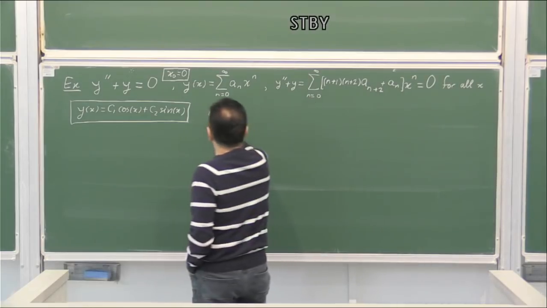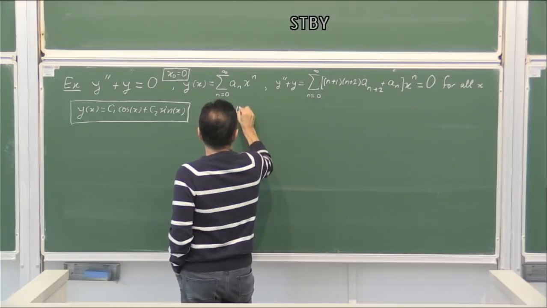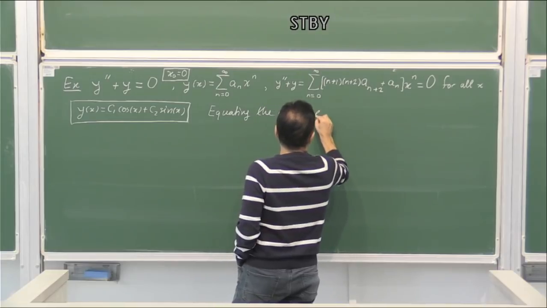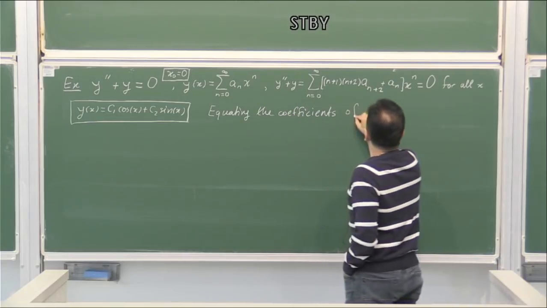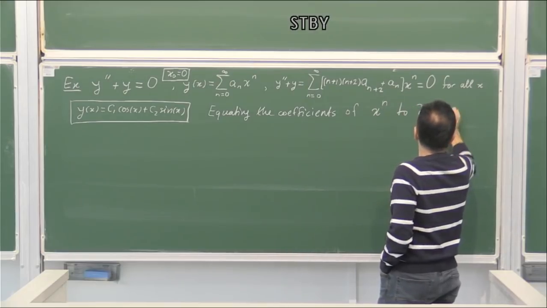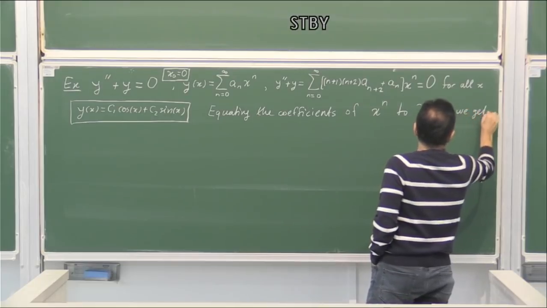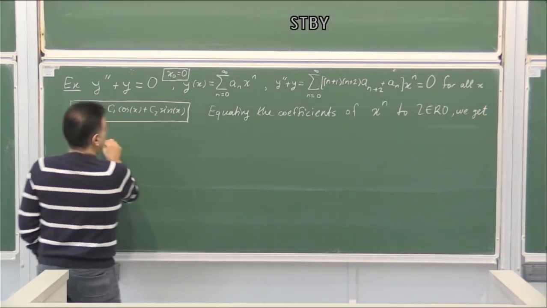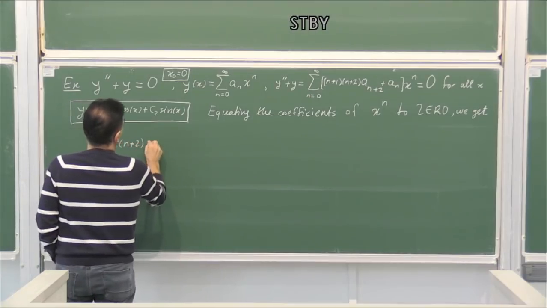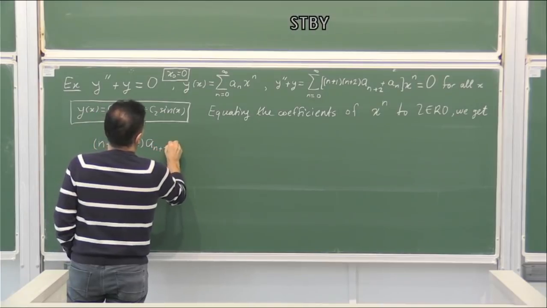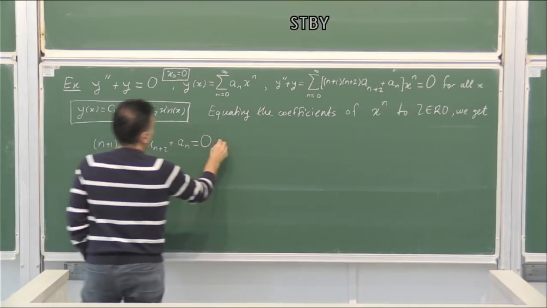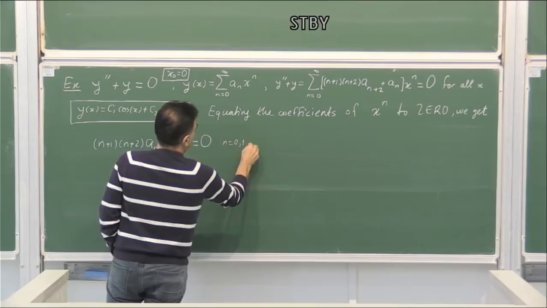So equating the coefficients of x to power n to 0, we get this equation: (n plus 1)(n plus 2) a_(n+2) plus a_n must be 0 for all n, n equal to 0, 1, and so on.